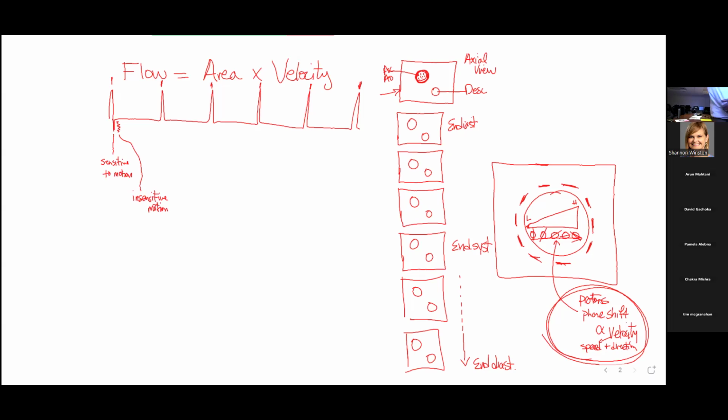And so one thing right off the bat, when you start to do the flow measurements, you've taken 2 points in time, this first one here and this second one here.